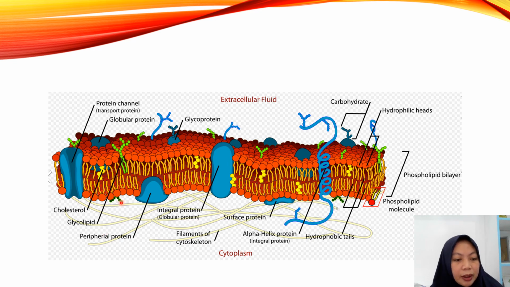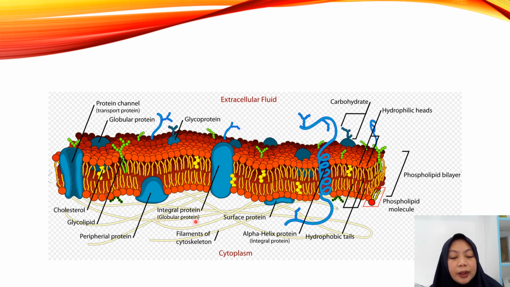This is the glycolipid, this is the protein channel, this is the globular protein, and then we also have the peripheral protein. An example for this peripheral protein, as mentioned earlier, is enzymes and some hormones.